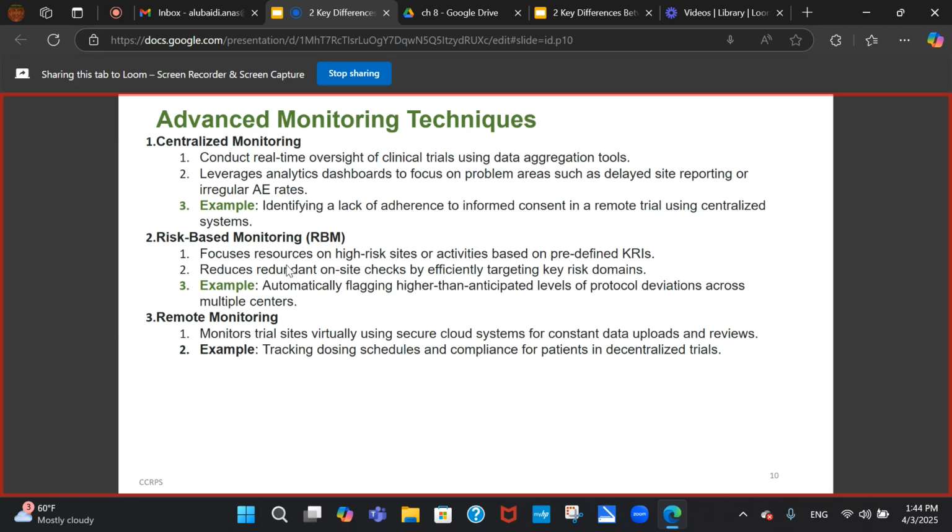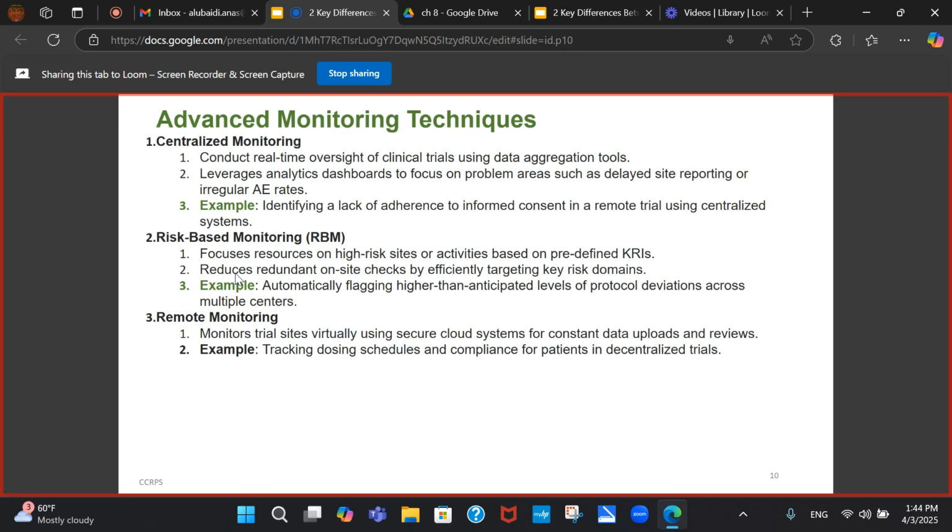So here, the focus will be on these high-risk sites. That's why it's called risk-based monitoring. It reduces redundant on-site checks by efficiently targeting key risk domains.